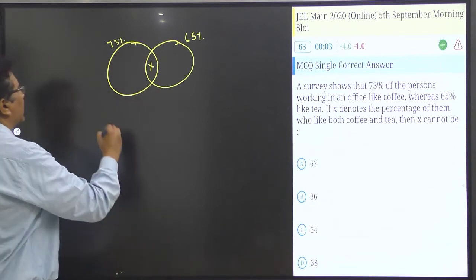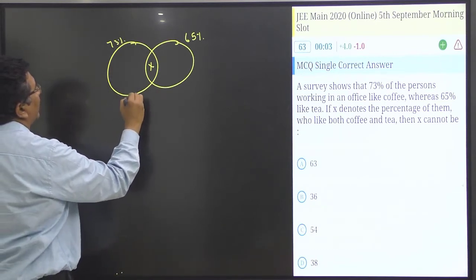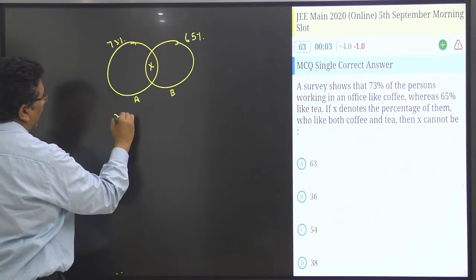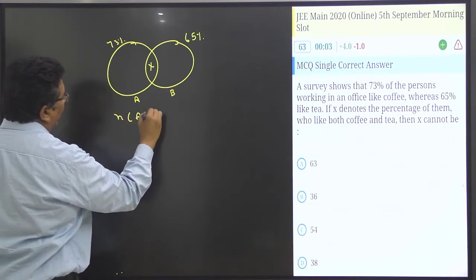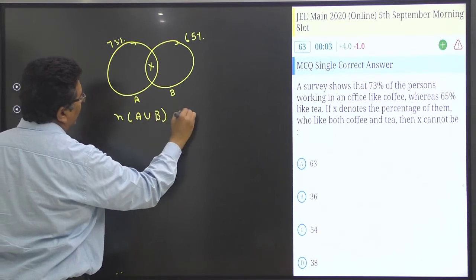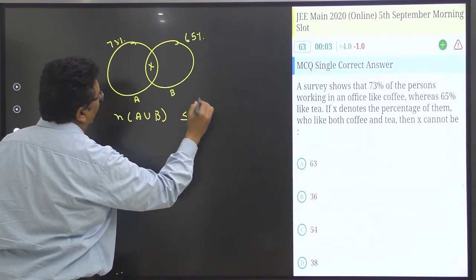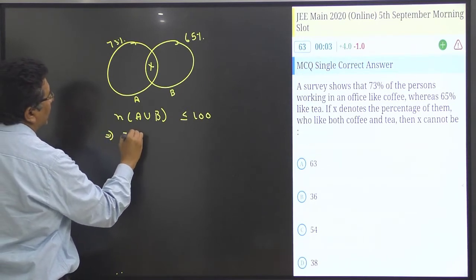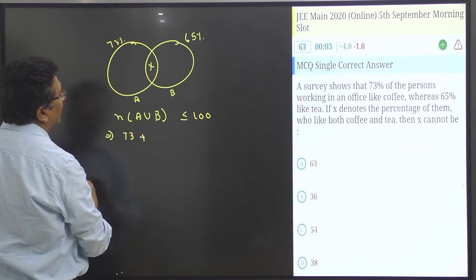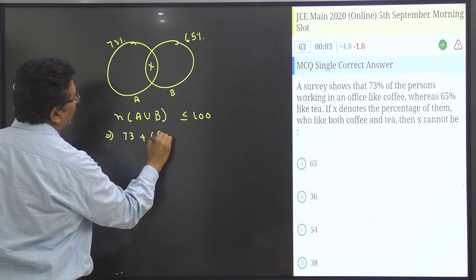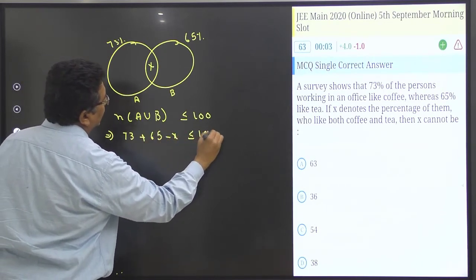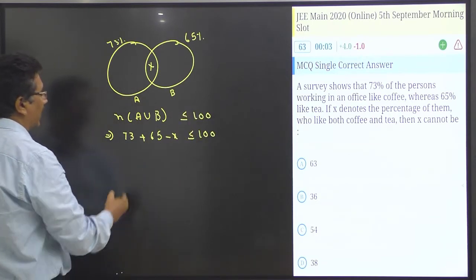Suppose this is A and this is B. N of A union B is always less than or equal to 100. That implies N of A union B, that is 73 plus 65 minus X, less than or equal to 100.